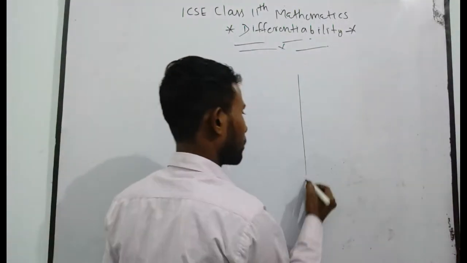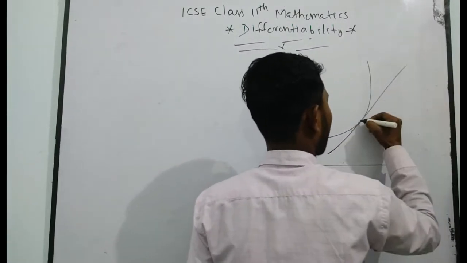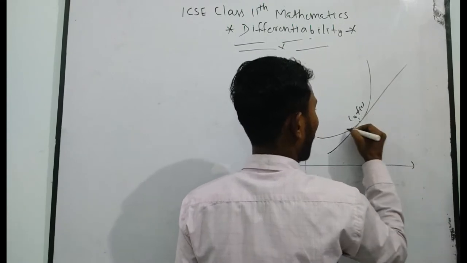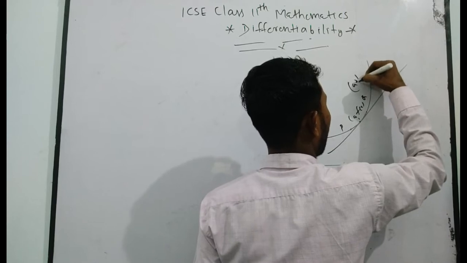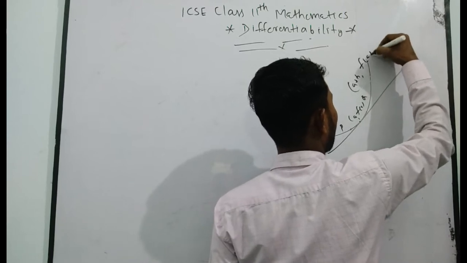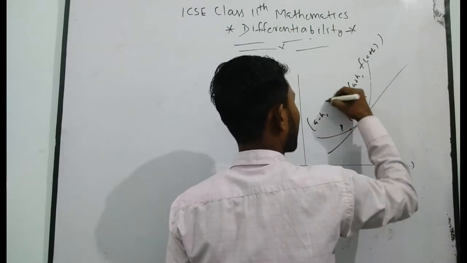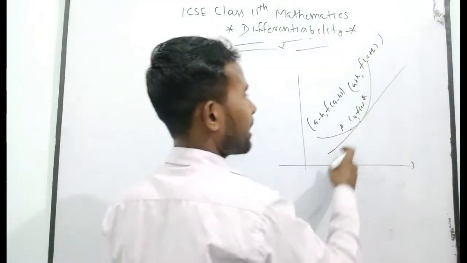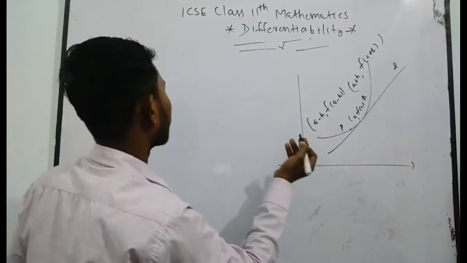So here, draw again the graph y equal to f(x), and this is point A, f(a). There are two points P and Q very close to A: Q is (a+h, f(a+h)), and P has coordinates (a-h, f(a-h)). Now I have taken the line L through A, f(a).